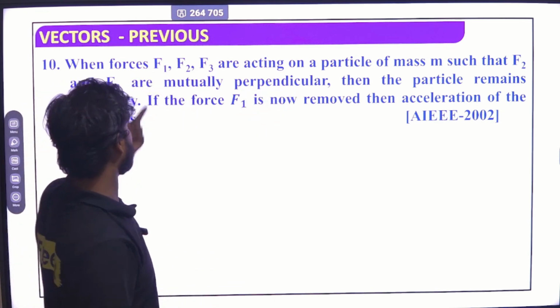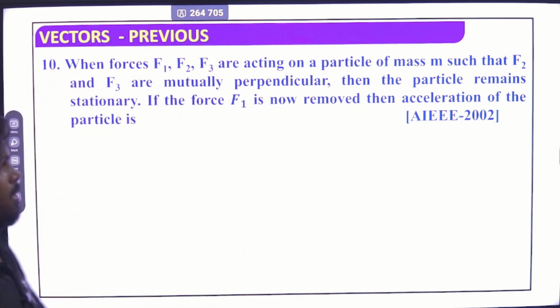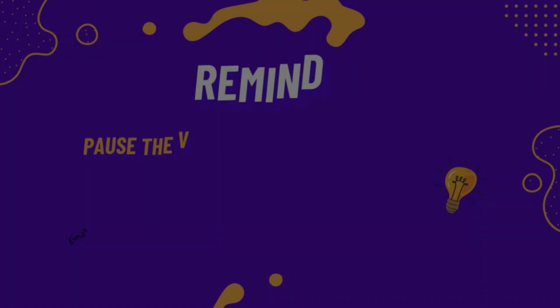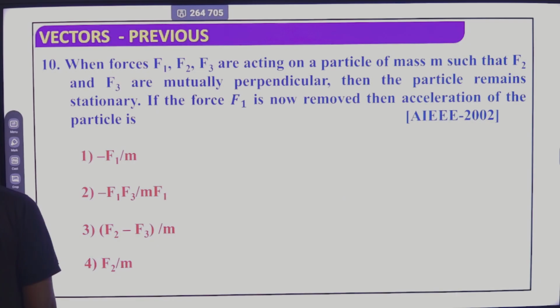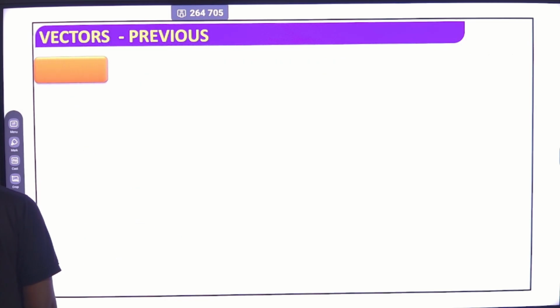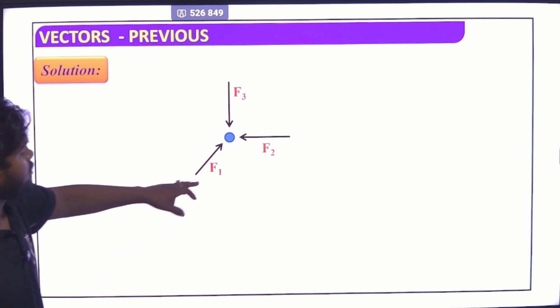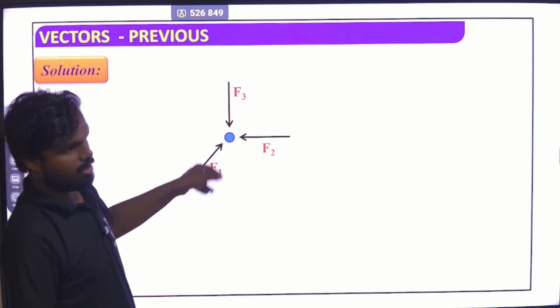Mass is given, then you simply have to calculate the net force. How will you do it? It's very easy. If you simply draw the diagram, it's also an easy question. See, these two forces are perpendicular and this force is acting at some other angle.